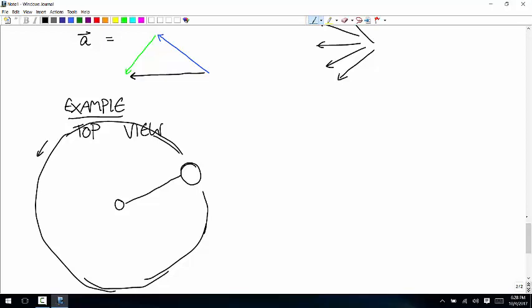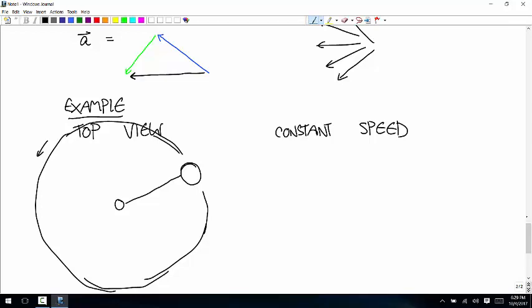Okay, so this ball can be swinging around at a constant speed. That black circle is the path that the ball would travel. And it's going around that path this way.